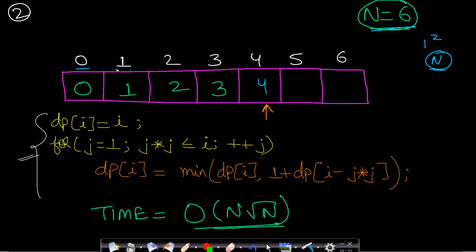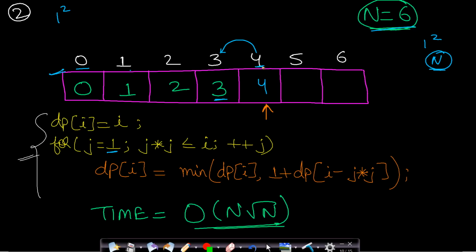In this case, we have already filled from 0 to 3, and now we want to make the optimal result for this 4. So we will start with the breakpoints. We will start with breakpoint 1. So 1 will be making a breakpoint of size 1 square. So we will go to the previous value, 1 square back. And what is the value here? For getting 3, you need 3 chunks. Okay.